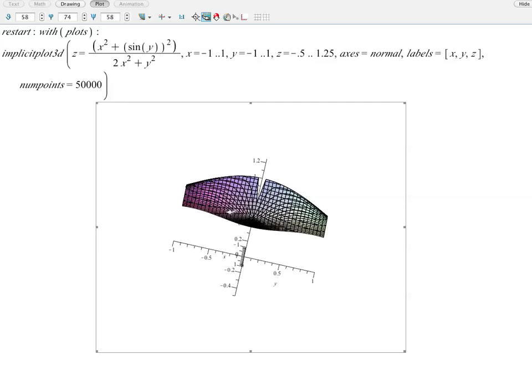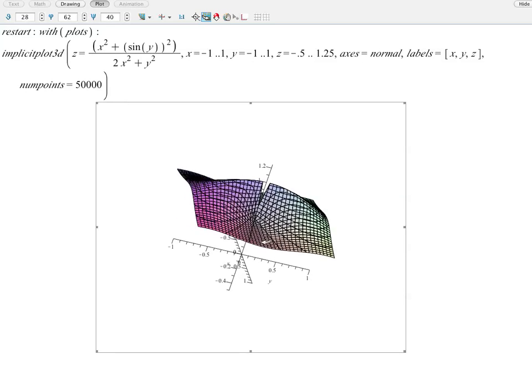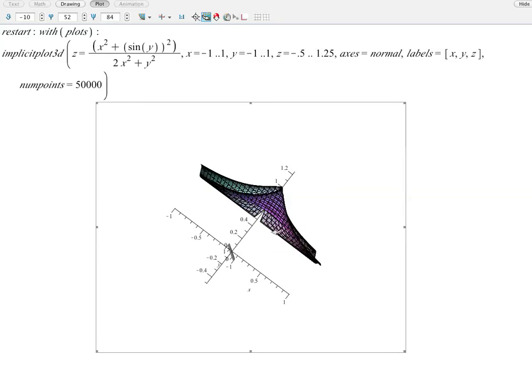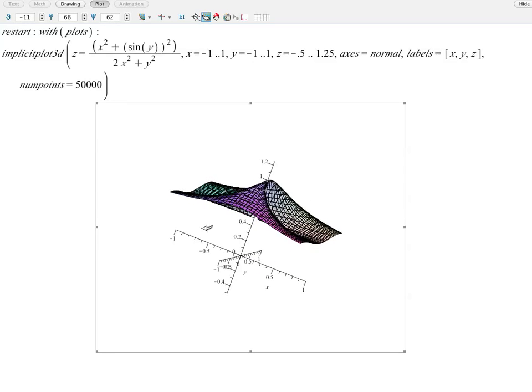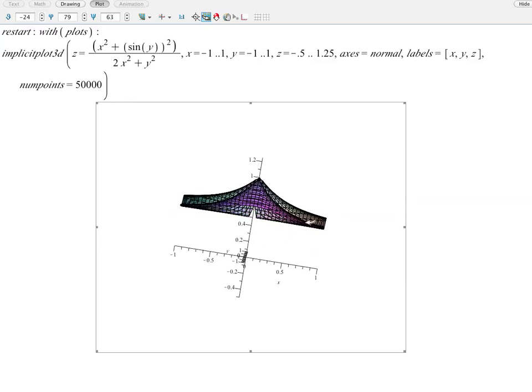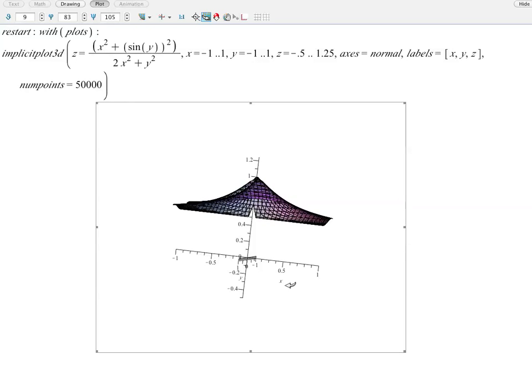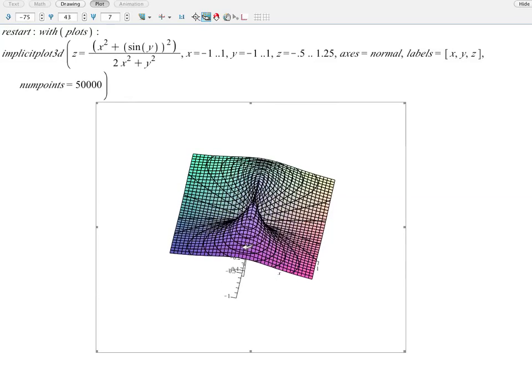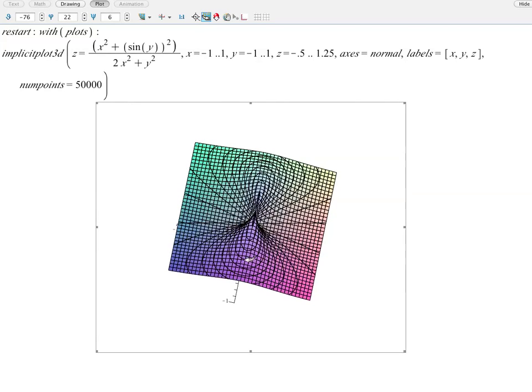But what happens when I let y equal 0? So now I'm moving on the x-axis. Well, if I spin this around to the x-axis, I'm getting some weird angles going on. If I spin around so I see the x-axis, so y is 0, that doesn't tell me anything because what I'm seeing here is this hump from the y. But let's come down here and see what's going on. If I spin this way, what I can see is it's very flat and then comes up.